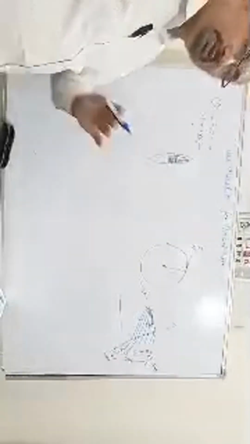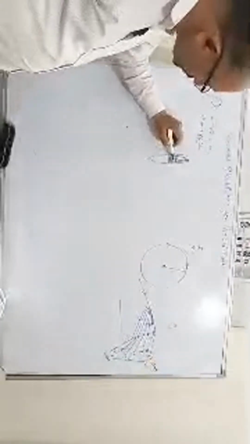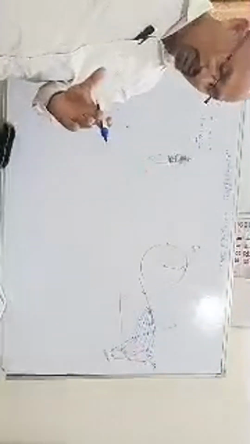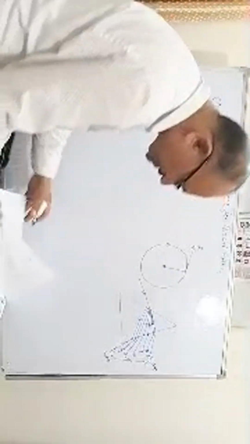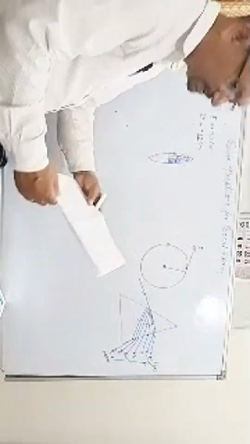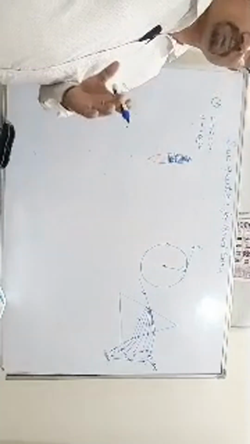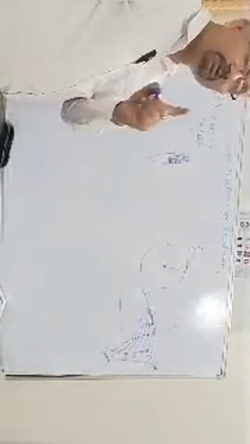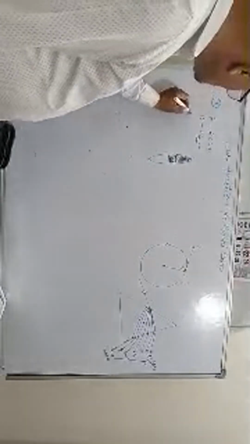If we cover half the portion of the lens using opaque paper, that is not transparent paper, you will again obtain the image in the same place, 60 centimeter on the screen, always a real image.